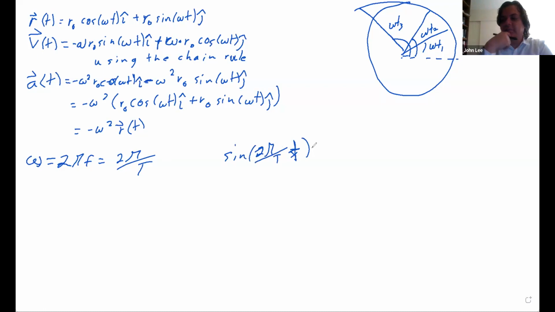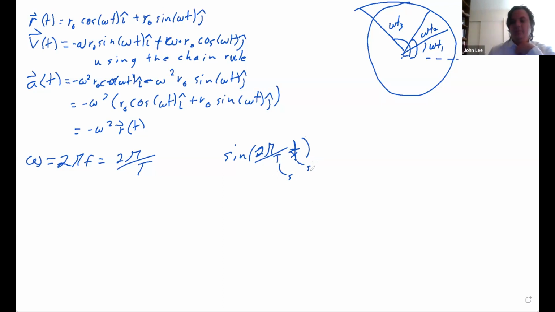Mathematically, in order to keep the units constant, this has units of seconds, this also has units of seconds, so these two units cancel each other out.